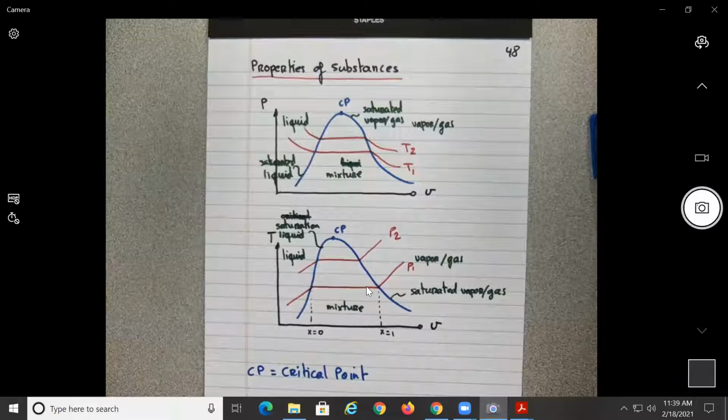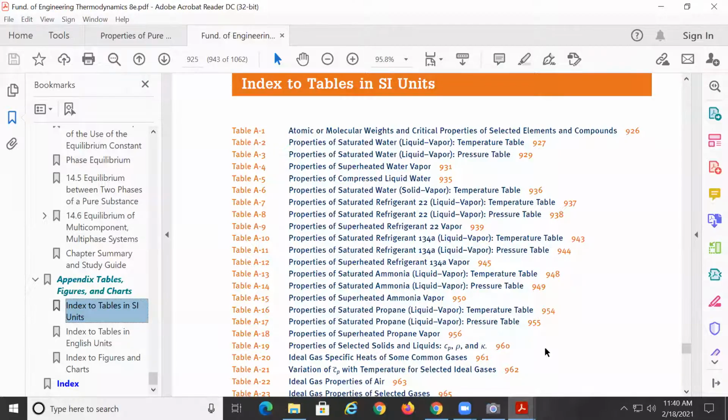Okay, so now if you need to look for the properties, you will go here, look at the compressed liquid, you go to the tables of the compressed liquids, and when you need to find the properties of the mixture, you will go to the, how do they call it, to the liquid vapor tables.